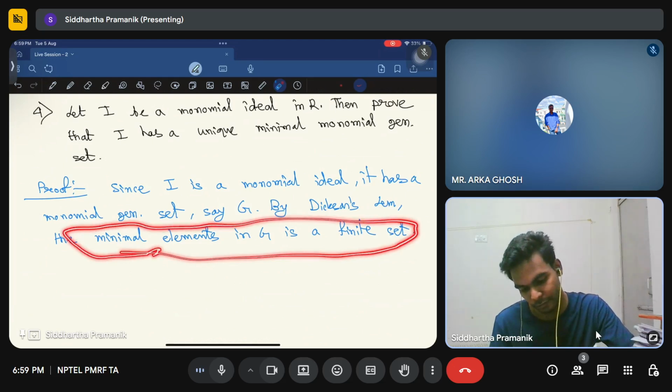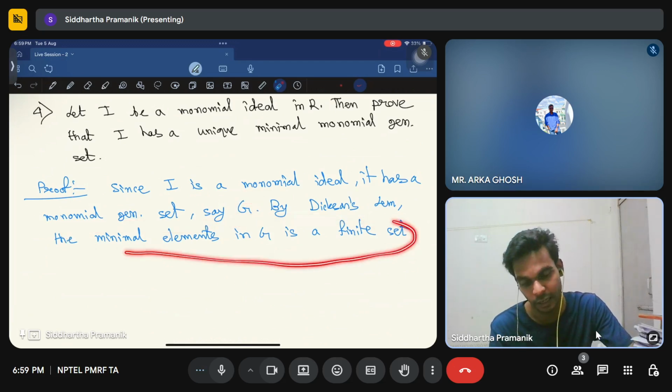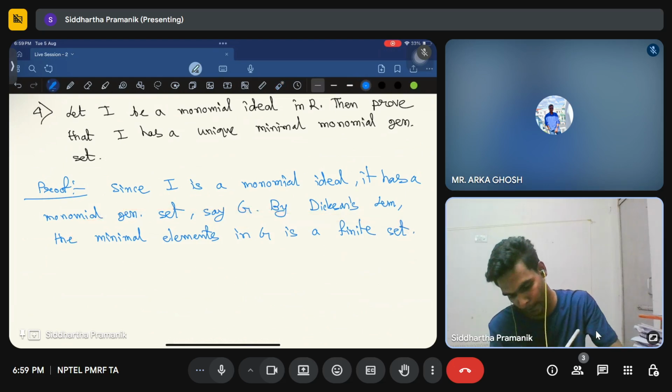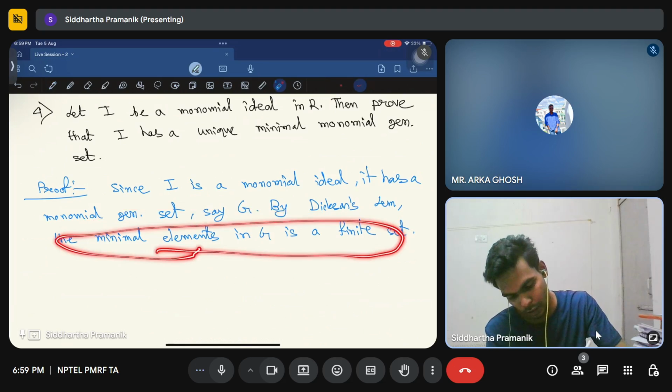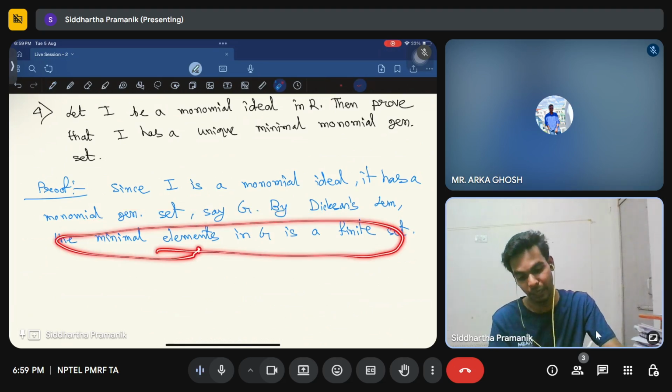But if we take a different G, we can get a different minimal set. So we will prove that whatever G you take, you will get only one minimal generating set, and both sets are finite. So we can assume two minimal monomial generating sets.